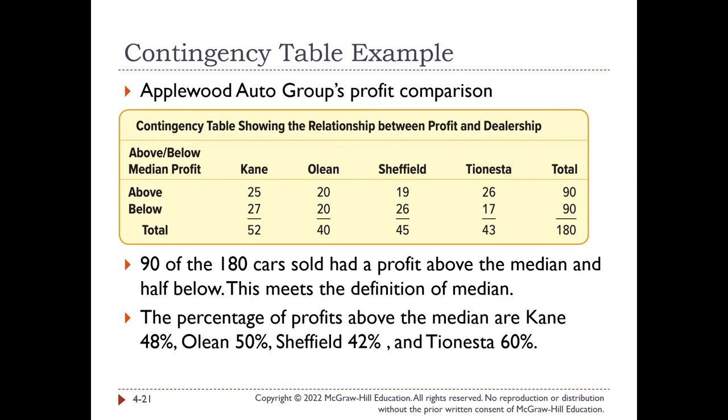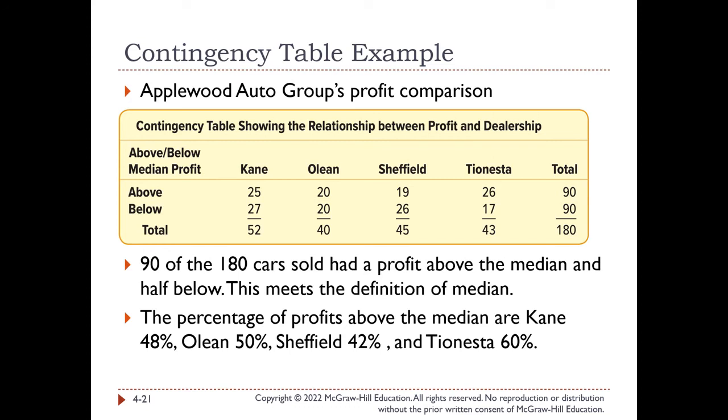So, a contingency table example, because I still don't know why they didn't insert a correlation coefficient one. Works. We probably have a practice problem, so we'll go with it. Applewood Auto Group profit comparison. So we're looking at our contingency table showing the relationship between profit and dealership.